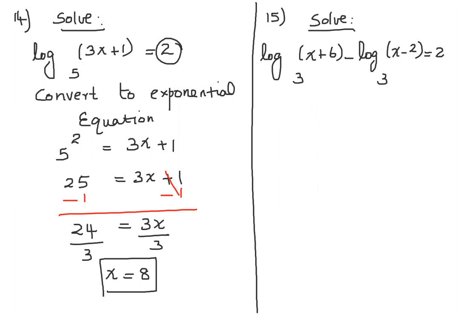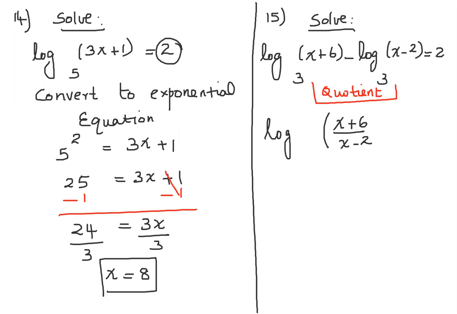I do not have log on the other side. However, I have two logs, so I have to put it back in one single logarithm. So we can use the quotient property here. So that becomes log of x plus 6 over x minus 2, and the base is 3, equal to 2.